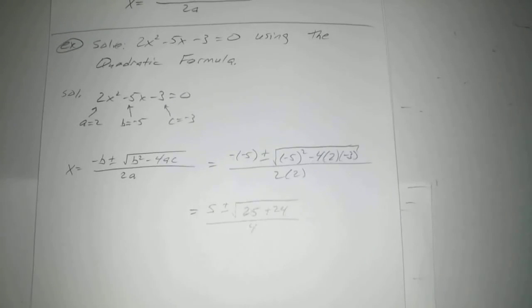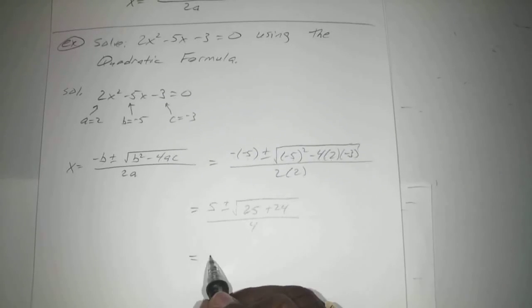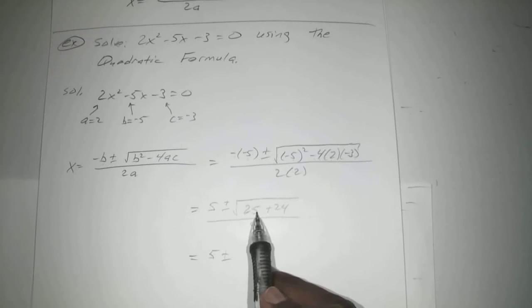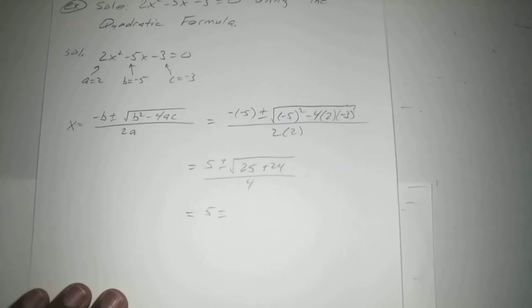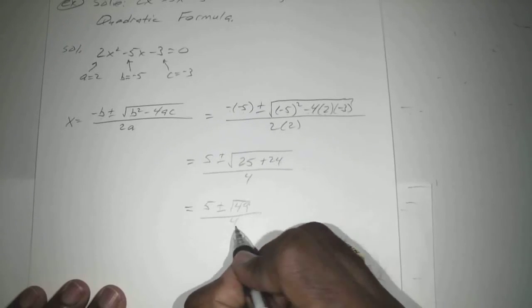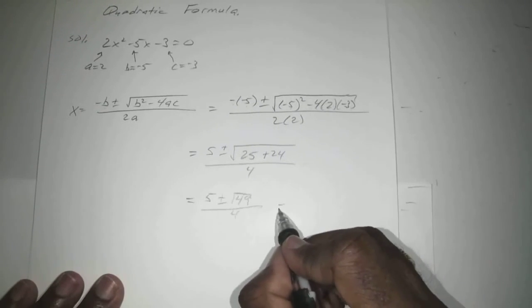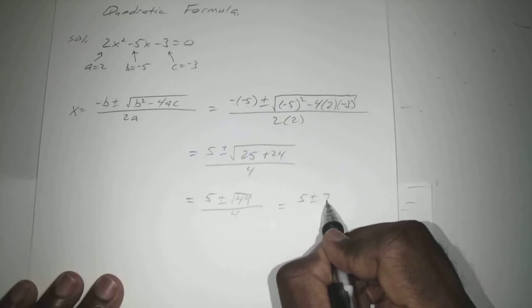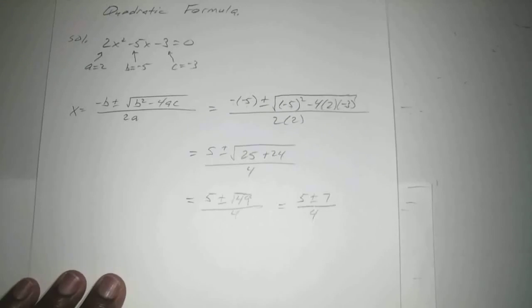Okay, so this will become 5 plus or minus the square root of 25 plus 24, which is 49, all over 4, which becomes 5 plus or minus 7 over 4.